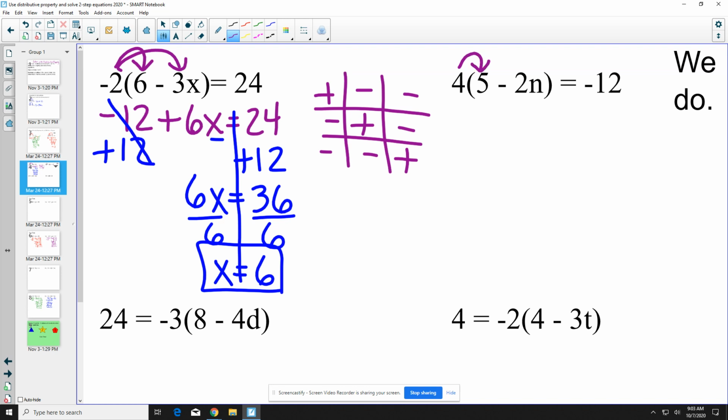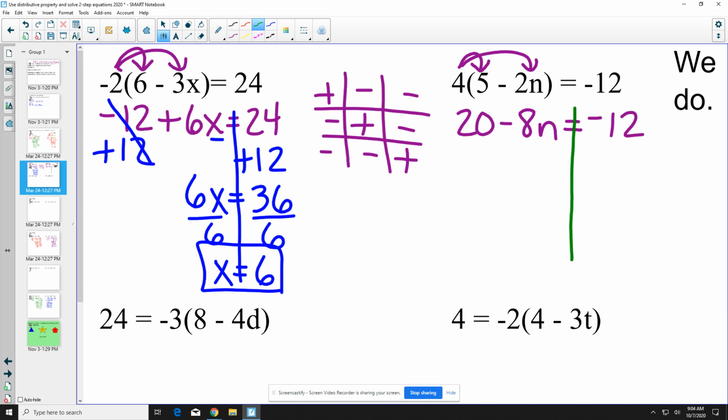Do this with me. 4 times 5 is 20, right? And then I'm going to take 4 times negative 2n. A positive times a negative is a negative 8n. Bring down your equals, negative 12. All right, from there you draw a line to separate the sides.